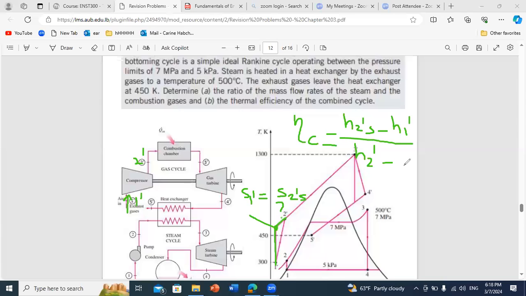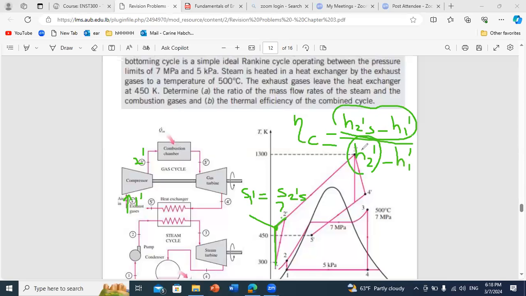Okay, why do we have this? Because in the ideal case, if we don't have losses, the enthalpy change required is minimal. So you need to provide a minimal work to your compressor since there are no losses. But if you have losses, you need to provide extra energy. So actually point 2 prime will have a higher enthalpy than point 2 prime S.